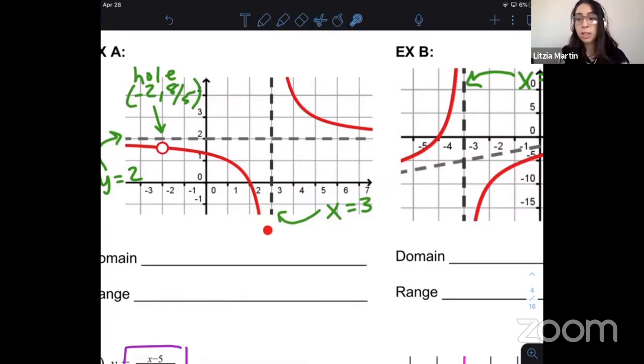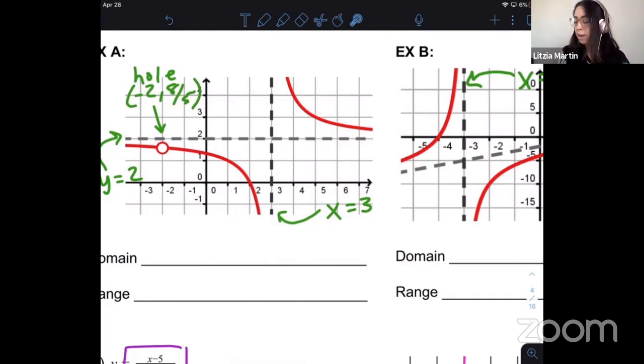Super close, but never actually going to be touching x equal to 3. And then we jump over to the other side, and same thing, this graph is going to continue getting closer and closer to x equal to 3, but it's never going to actually touch that value. However, it's going to get super, super close. And after that, it continues infinitely.